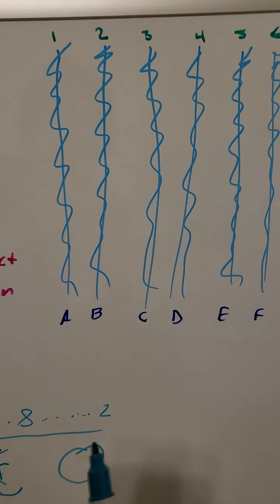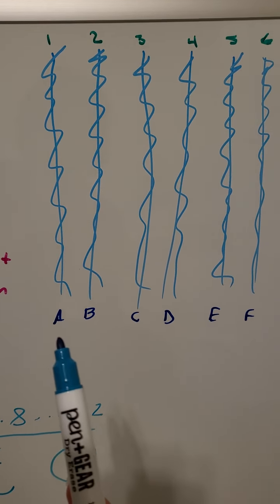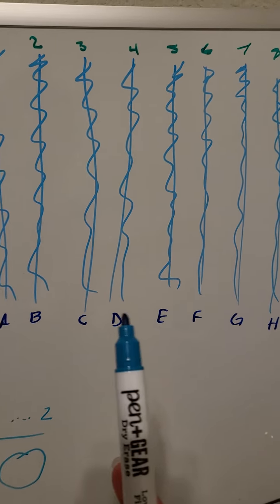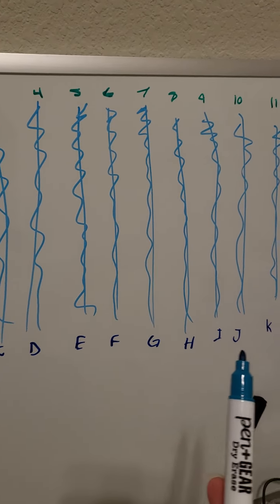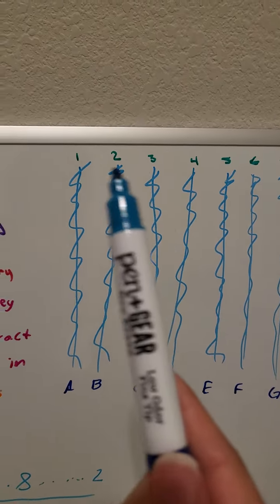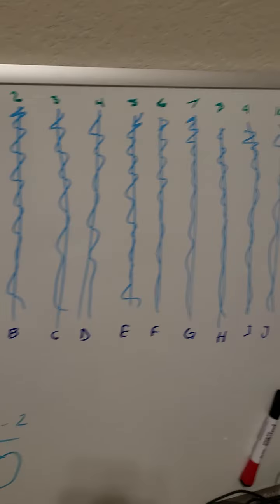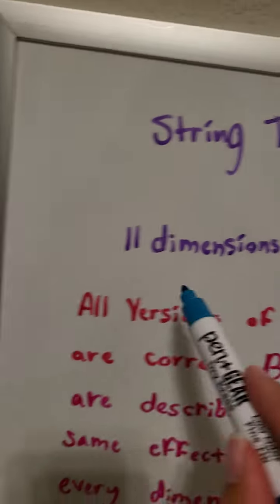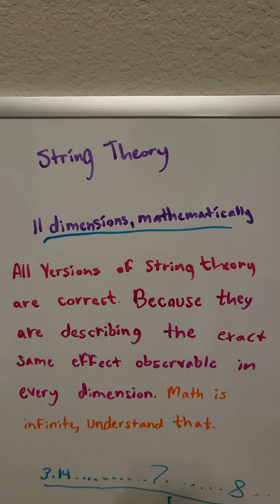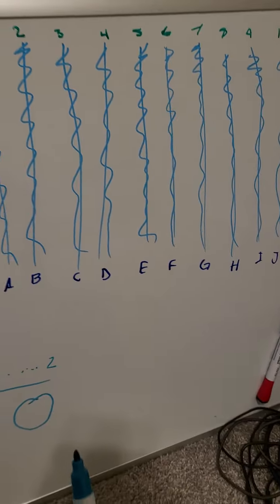So while you think dimensions are like flat lines, like A, B, C, D, E, F, G, H, I, J, K, or 1, 2, 3, 4, 5, 6, 7, 8, 9, 10, 11, because of string theory and that's all your math got you to, I'm saying think about it.